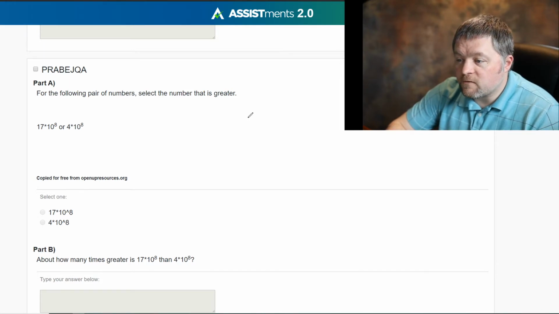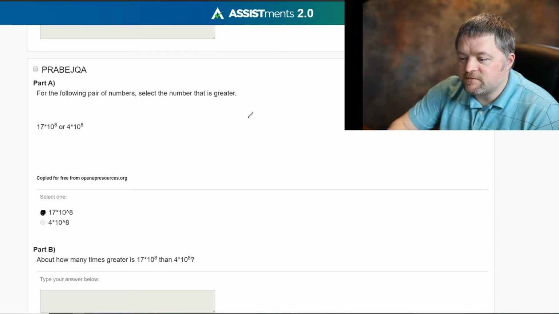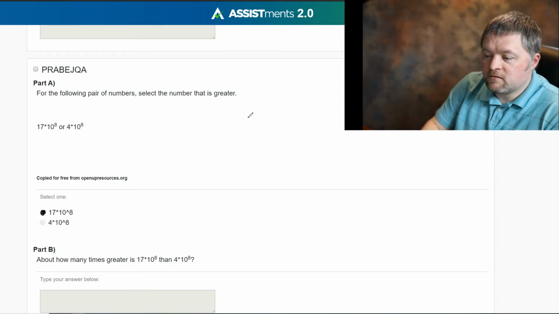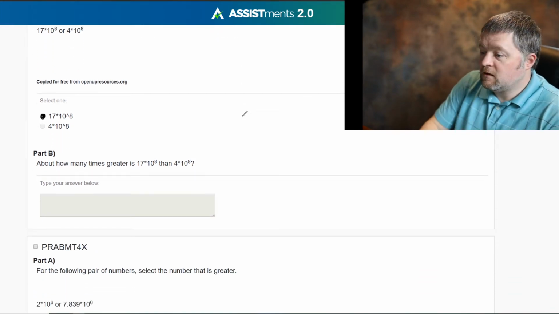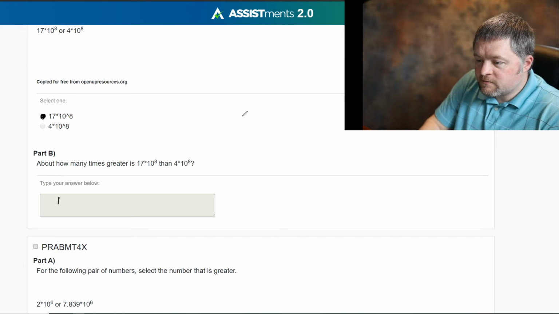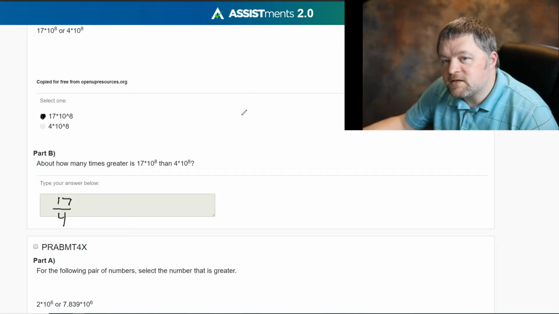Which is greater, 4 or 17? 17 is greater. How many times greater? Fractions are your friend. 17 fourths.